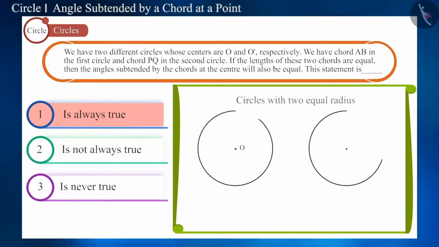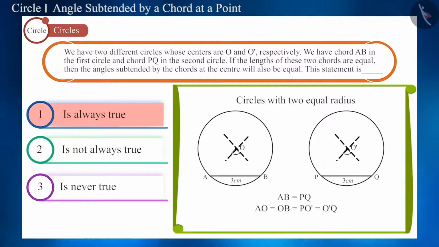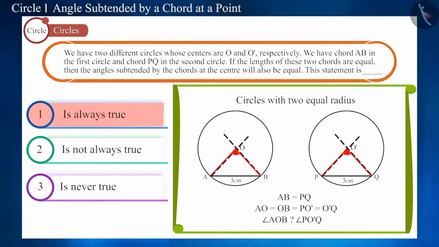If we take two circles of equal radius and draw the chords which are equal in length, here both AB and PQ are 3 cm in length, will the angles subtended by these equal chords at the center, that is, angle AOB and angle PO''Q, also be equal?